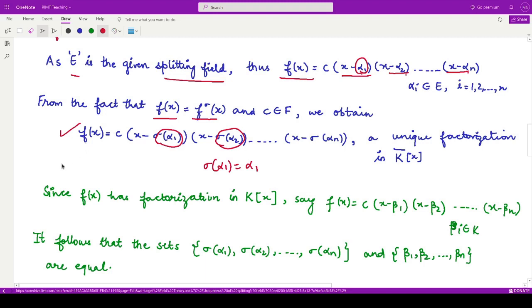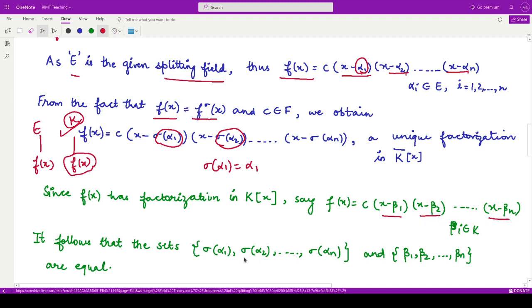Moreover, this polynomial has splitting field E. It is also given that this polynomial has splitting field K. So we can also express this polynomial into linear factors where all the coefficients are in K. So this polynomial becomes x minus beta 1, x minus beta 2 up to x minus beta n.